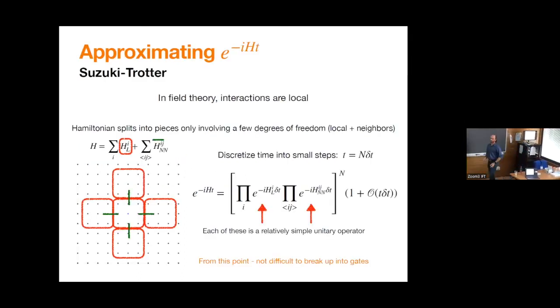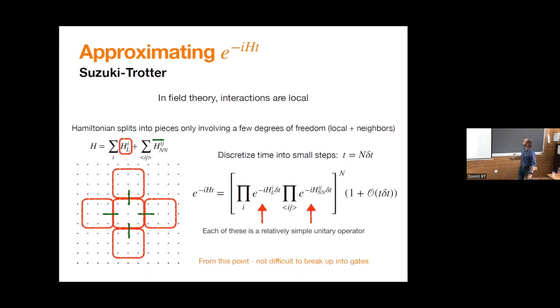Okay, so how do we approximate e to the minus iHt? The algorithm is called the Suzuki-Trotter algorithm. The idea is you build up a large time evolution by breaking it down into a bunch of itty bitty time steps.